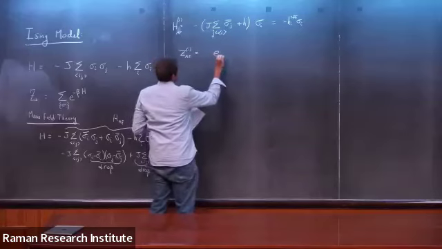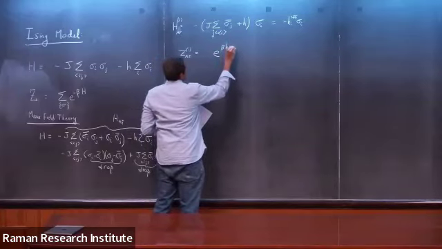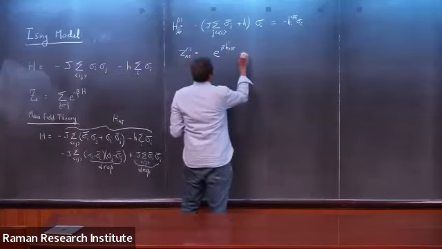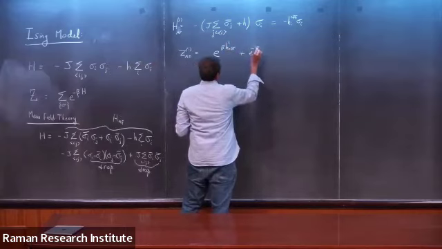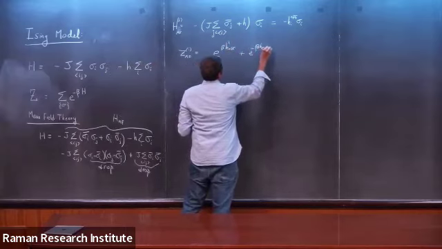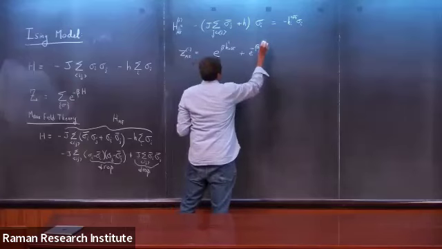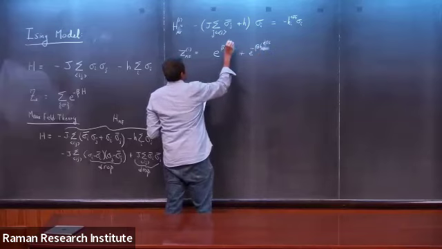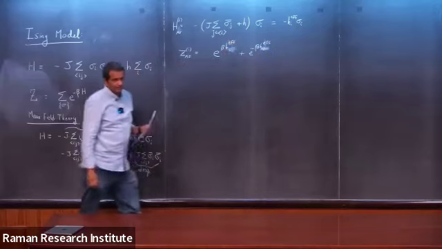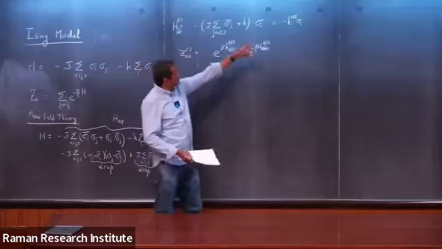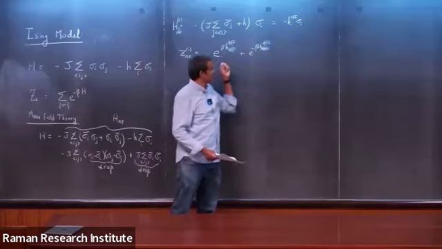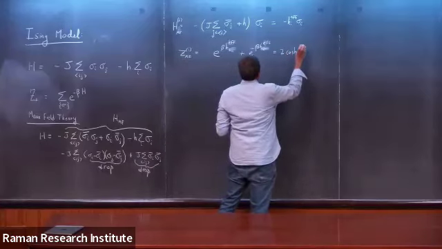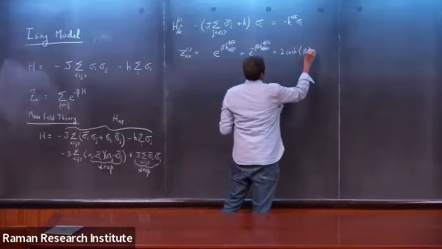So I'm going to get a partition function that looks like e to the beta h_i effective plus e to the minus beta h_i effective. For the two values of the spin, it's just e to the minus beta times this Hamiltonian, sigma is plus or minus 1. And so this just becomes 2 times the hyperbolic cosine of beta h_i.